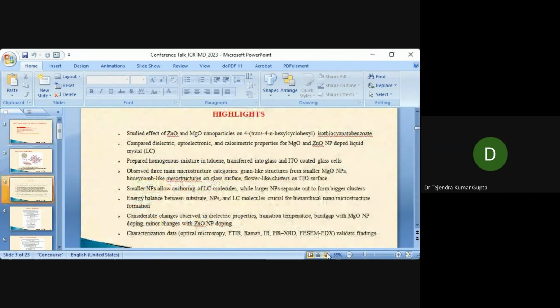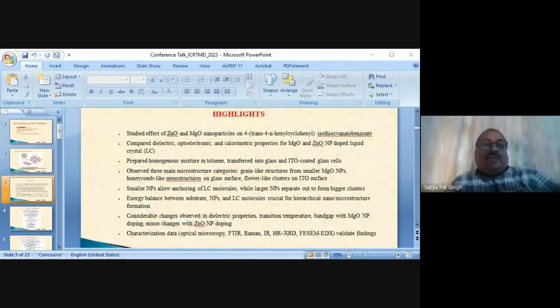So these are the key points we have prepared: the ZnO and MgO nanoparticles, then mixed in 6CHBT liquid crystal. We have compared dielectric, optoelectronic, and calorimetric properties of MgO and ZnO nanoparticle doped liquid crystal media.